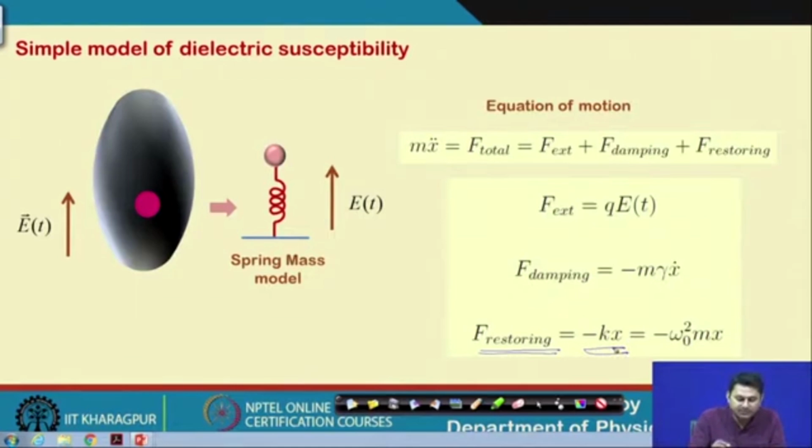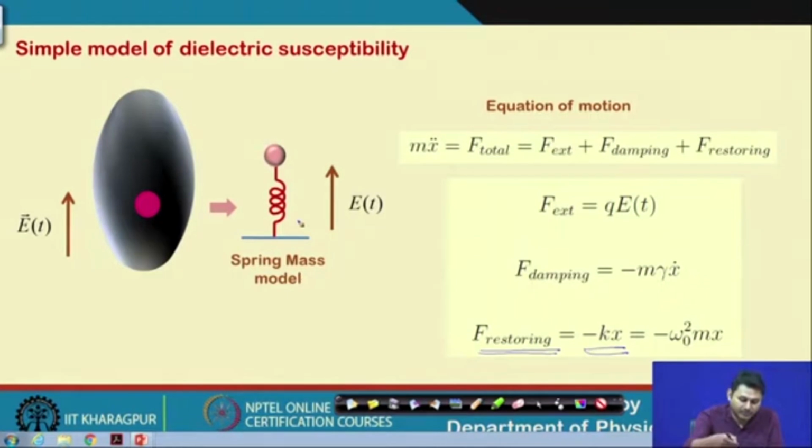If I consider this a spring mass system and I give some kind of force over this mass, the mass will go up, and then the spring constant tries to bring the mass back to its original position, and as a result we have some kind of restoring force. This restoring force is nothing but minus k into x. Simply, it is a distance dependent force.